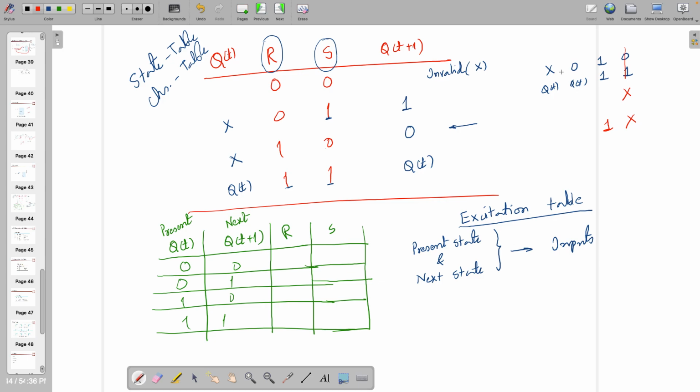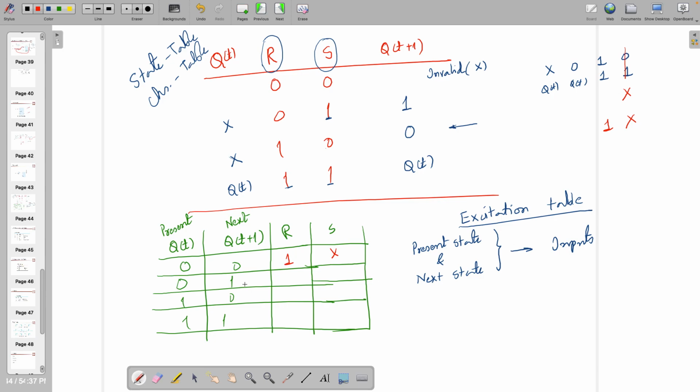In another way around we can say the same thing. So if both are 0, we can write it as 1 don't care. Again I am saying this is derived for the NAND based latch. In the book it's derived for the NOR based latch, so you will get the answer 0 don't care. So do not get confused with that.